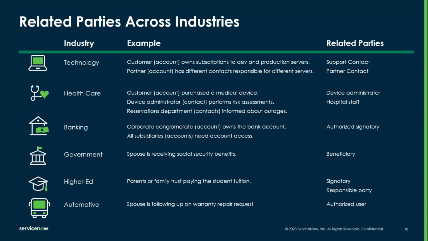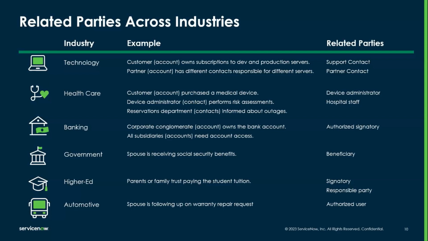And then a B2B, we saw a B2C scenario in banking. In a B2B, you could have something like a conglomerate, an account that owns the bank account, but then there are subsidiaries. So the authorized signatory is a very common use case in the financial world. Government, very common. You have beneficiaries where beneficiaries may not need all information, but governments do need to track all the beneficiary details.